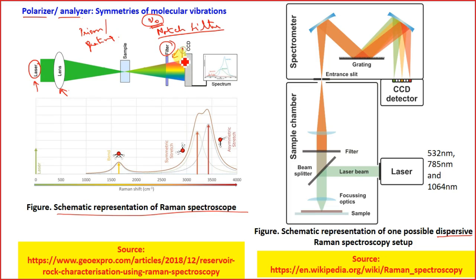Okay, and due to the dispersive medium, there will be decomposition of the light into its spectral components, and that falls onto the CCD sensor, and the signal is collected and the spectrum is plotted. So usually a CCD is used over here.